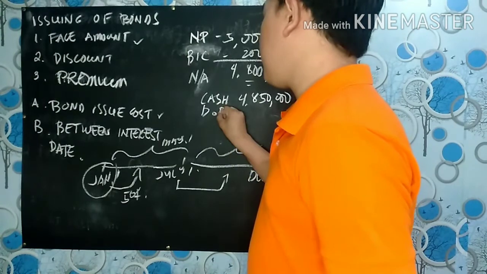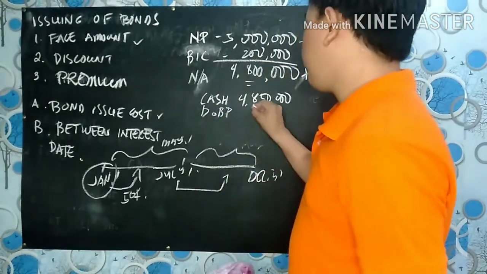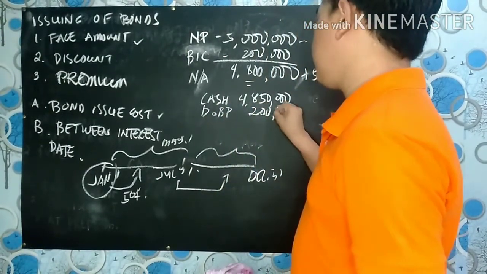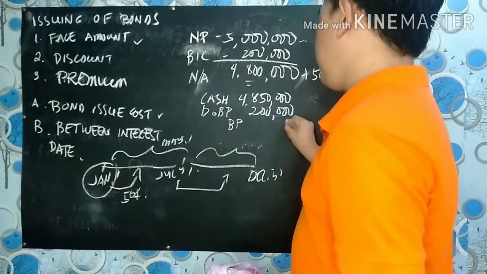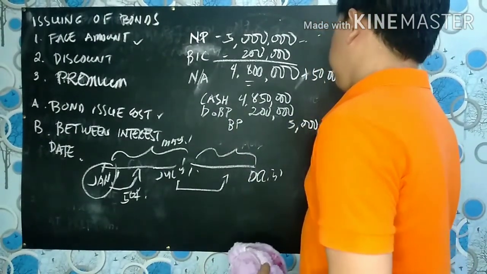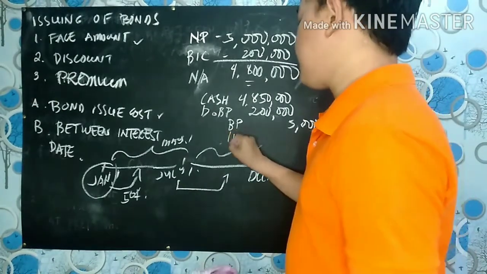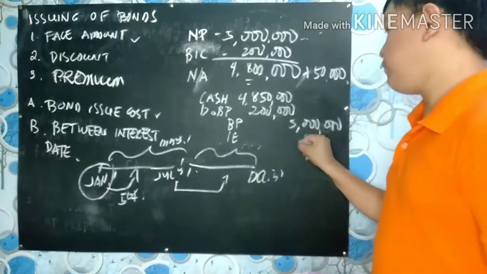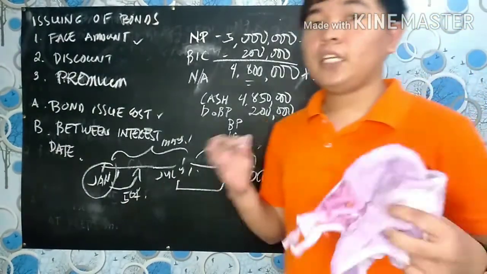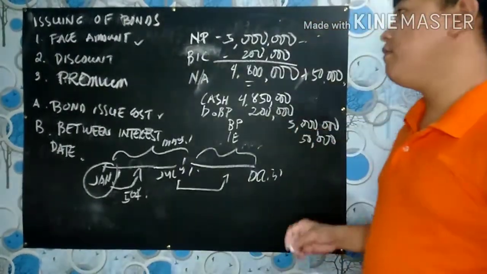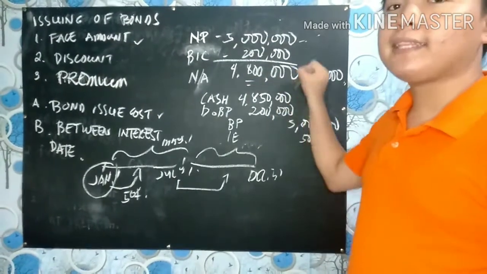Discount on bonds payable, debit, 200,000. Bonds payable, 5 million. And interest expense, 50,000. So, ganyan. Yung initial measurement pa rin natin, of course, 4,800,000.